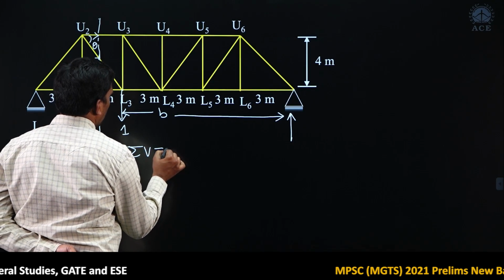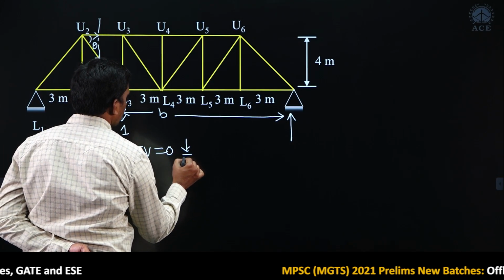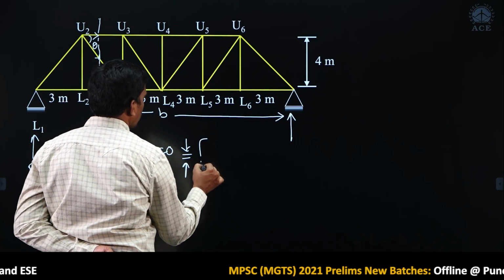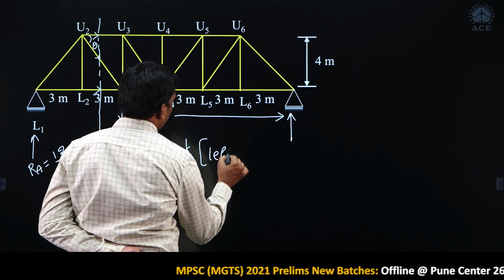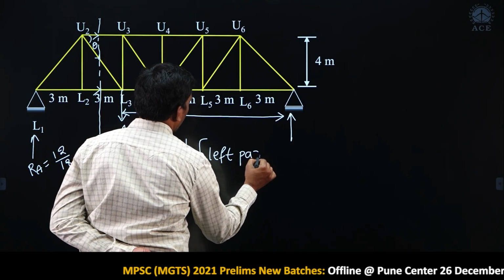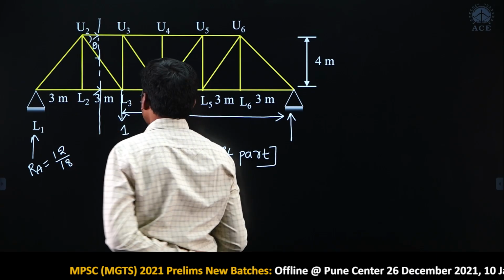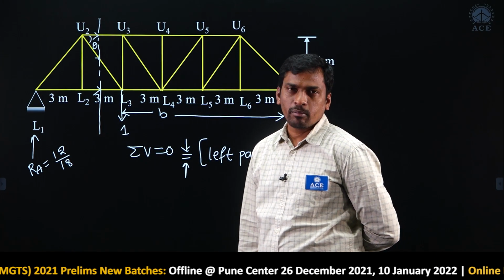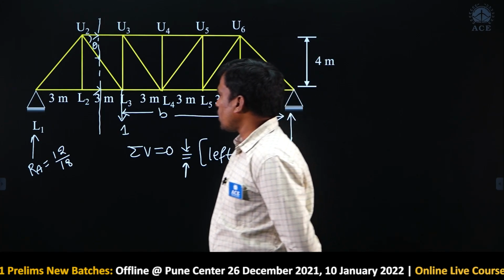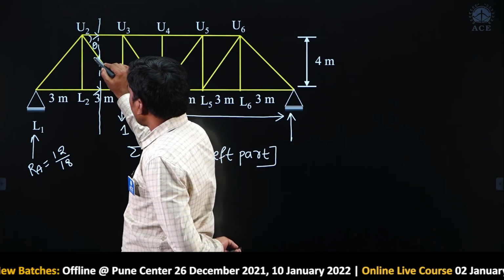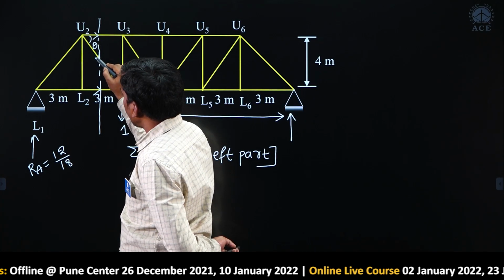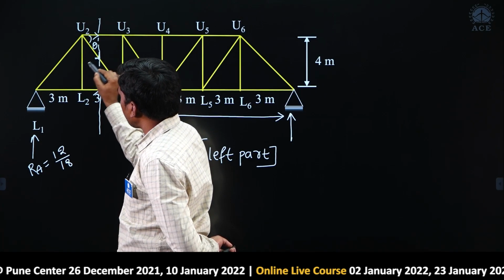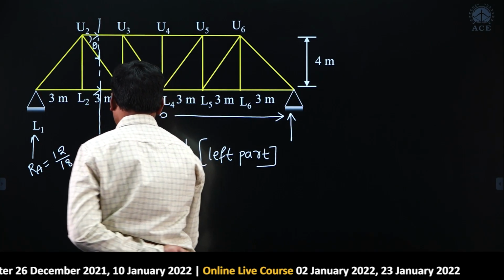Then sigma V equals 0, downward forces equal upward forces. We are doing analysis for the left part of the structure, so consider only left part forces, do not consider right part forces. In the left part the initially assumed forces are tensile, and the vertical component is sin theta.